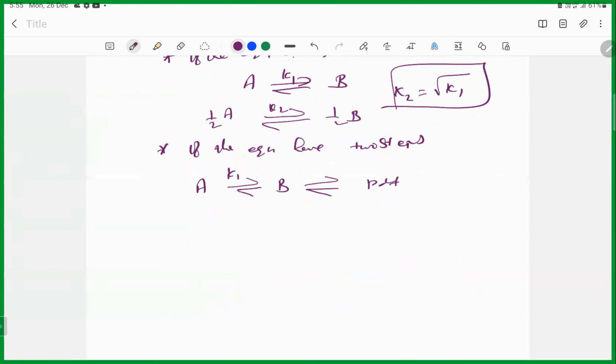This is K1, this is K2. Then the equilibrium constant Kc becomes K1 into K2. Okay. Adding a catalyst has no effect. Catalyst has no effect, so it does not affect the equilibrium constant.